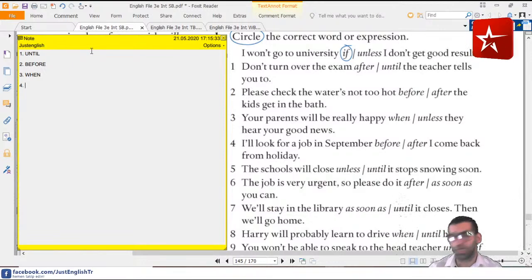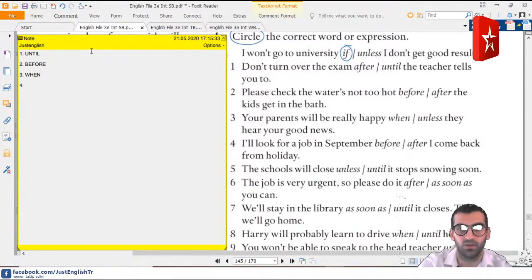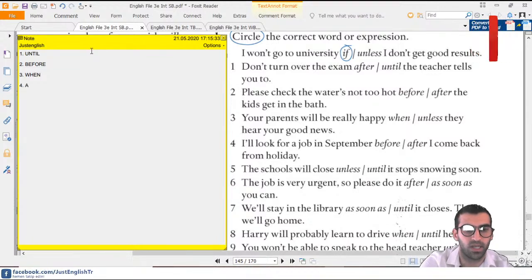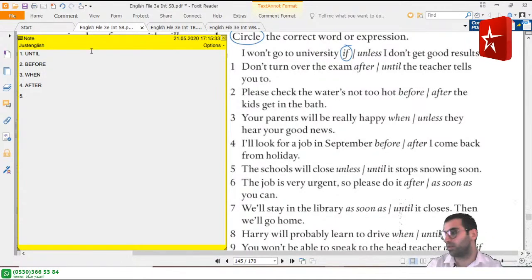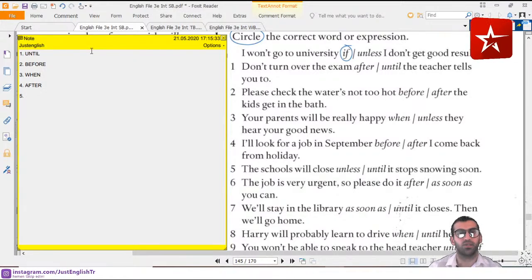We should use after I come back from holiday, because on holiday you shouldn't look for a job. Yes, after I come back from holiday, I will look for a job in September. And number five, the schools will close unless or until it stops snowing soon.